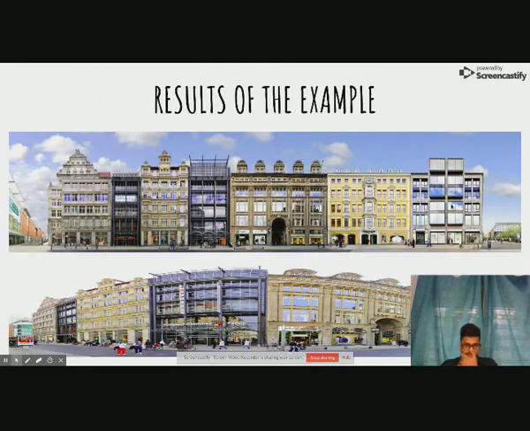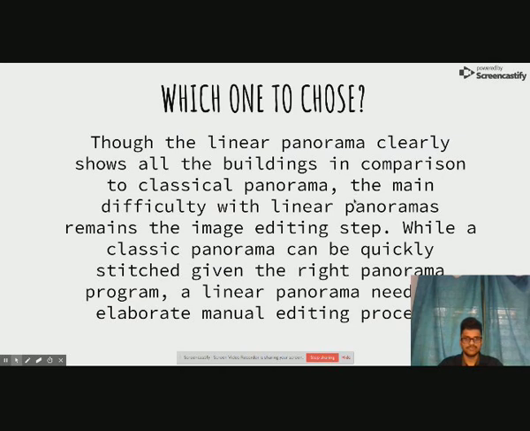The results obtained by both are as follows. As you can see, the linear panorama captures all the buildings equidistant from the camera, whereas in a cylindrical panorama, the points closer to the camera appear larger than the ones farther from the camera. So which one to choose now?